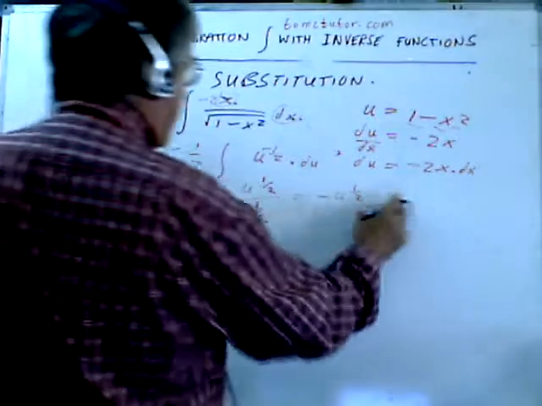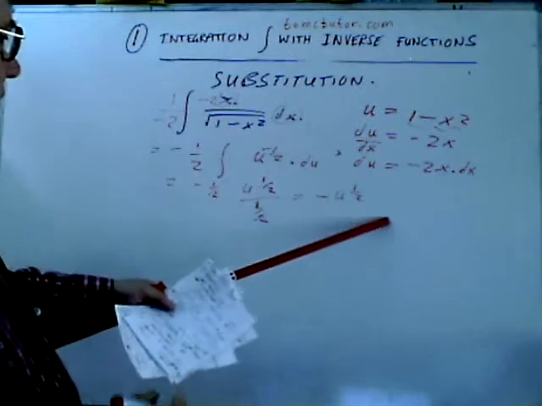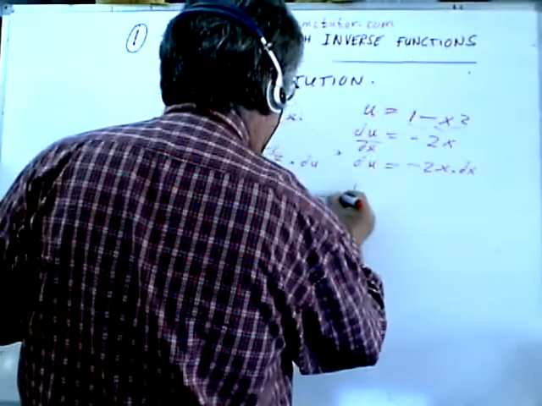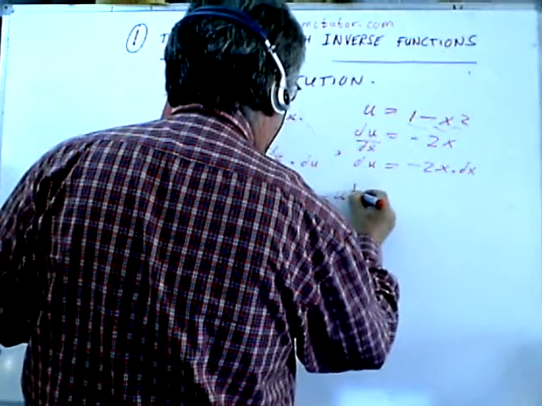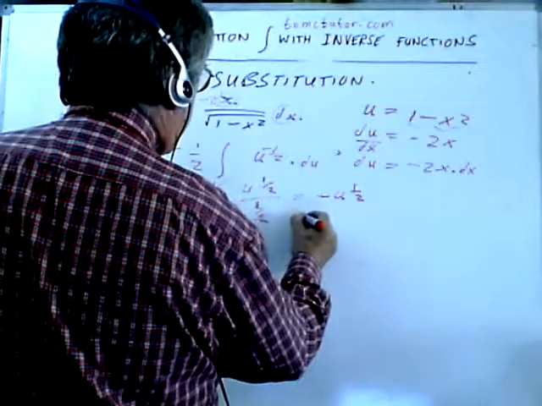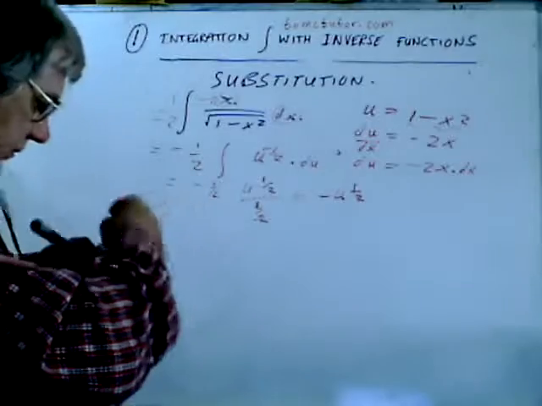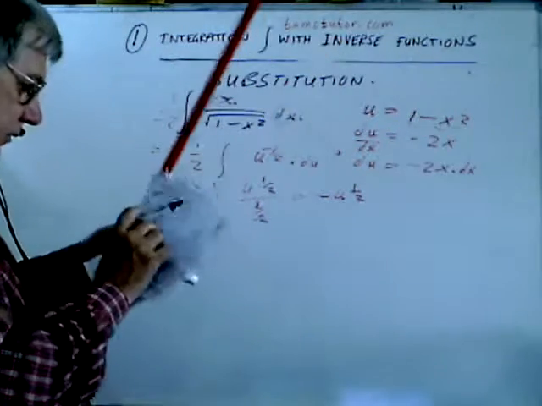And this is why I'm saying there's a constant of integration here, but I'm missing it out deliberately. So it's u to a half, and now I can go back to my x variable.